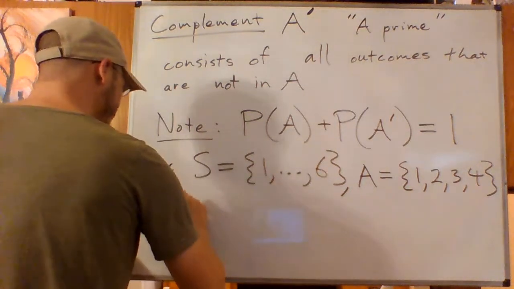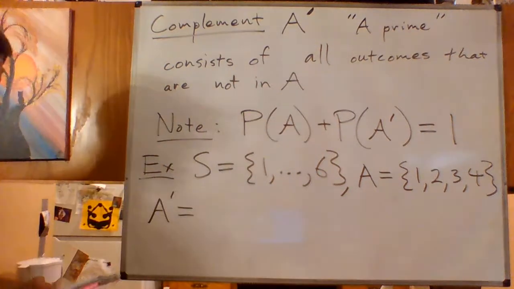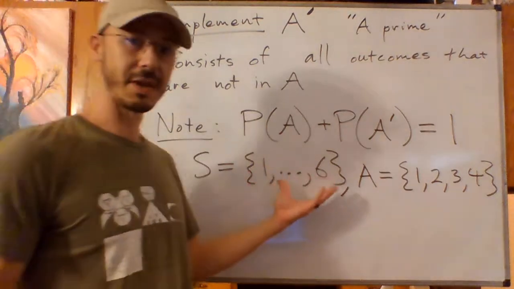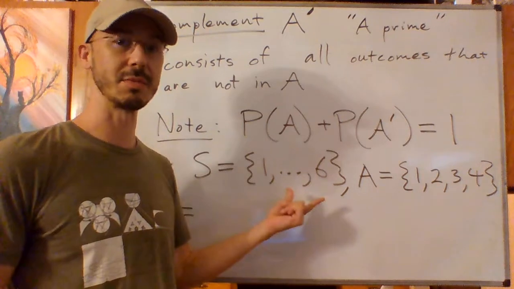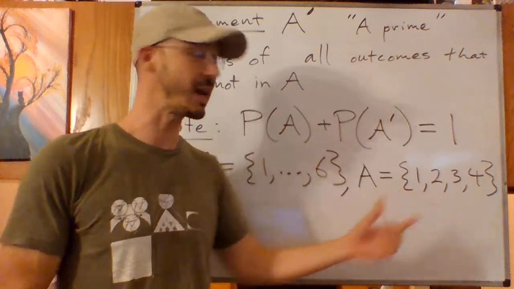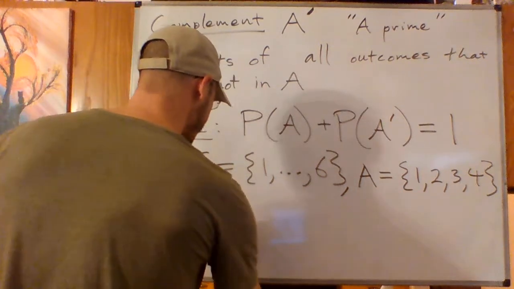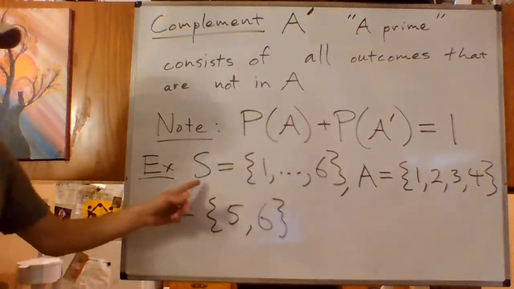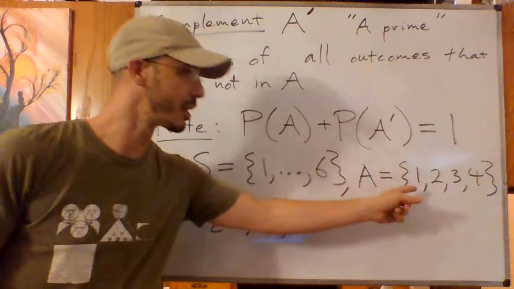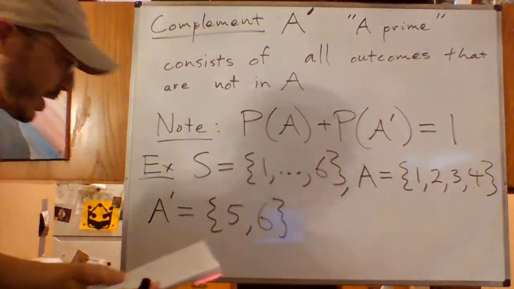A complement is equal to all the things in the sample space that are not in the set A, or all the outcomes in the sample space that are not in the event A. And that's just 5 and 6. Those are the two numbers that are in the 1 through 6 that aren't in the 1 through 4.